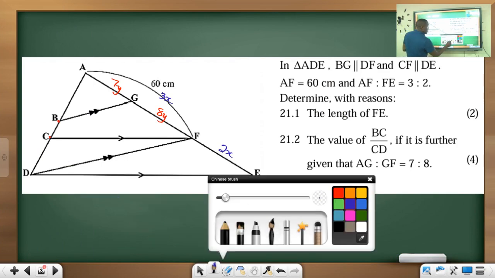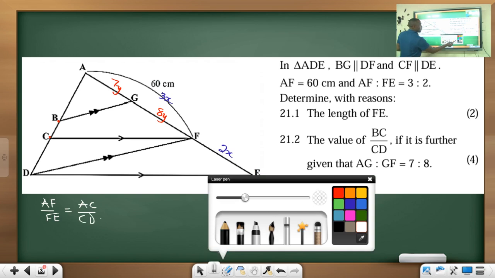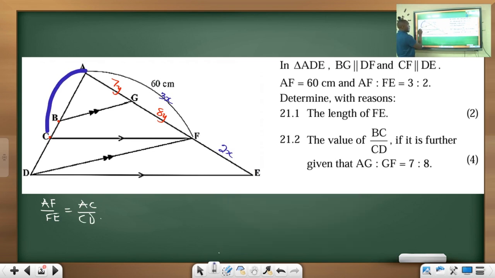Okay, so we have our first ratio. We're going to walk through it together. AF over FE, working in the same dimension on the side, would be AC over CD. So I don't have a problem. Let's look at what we need to do first before we start working. I have AC over CD, right?